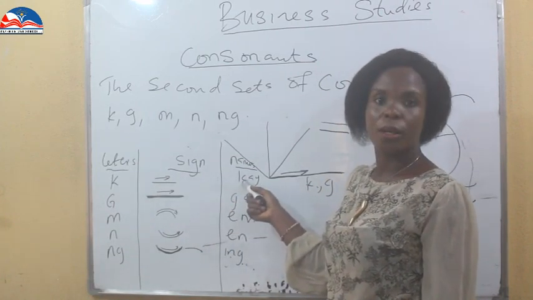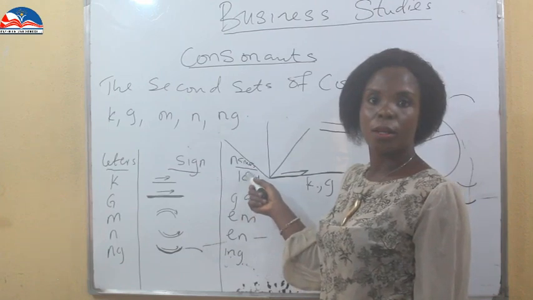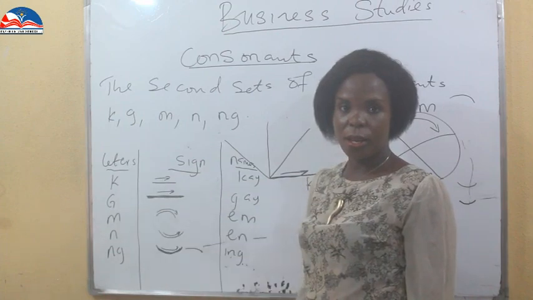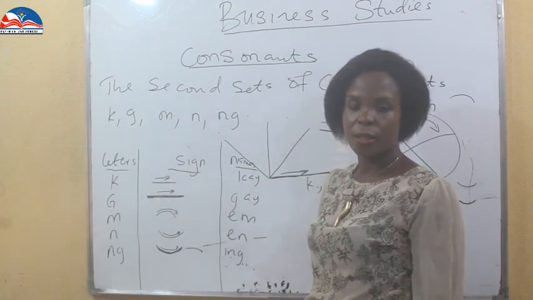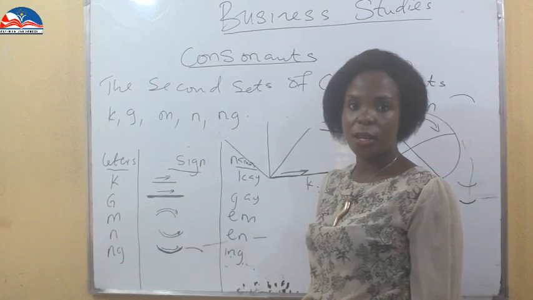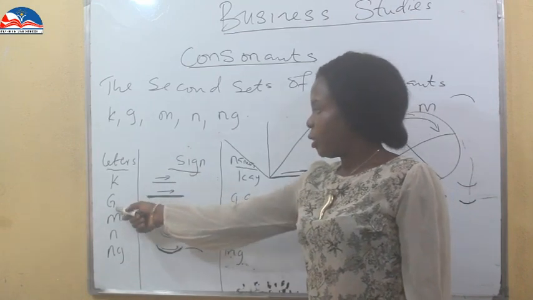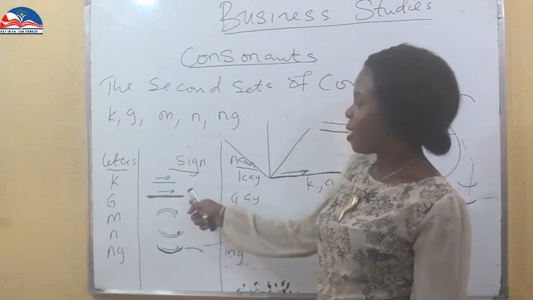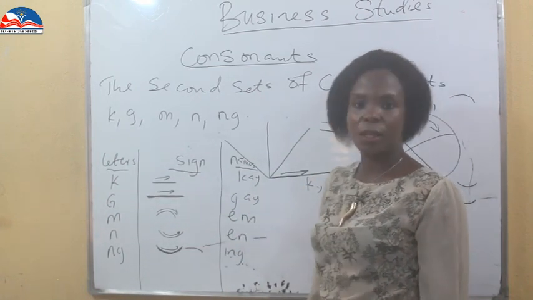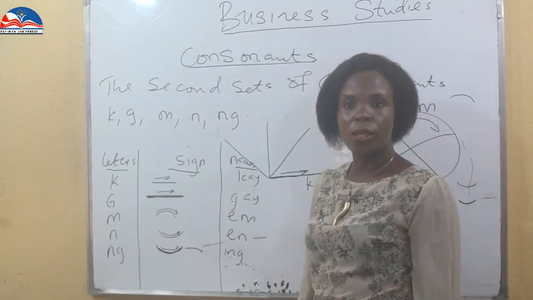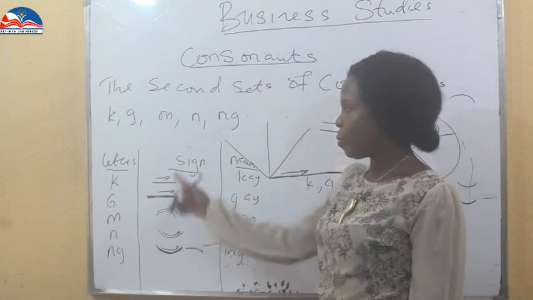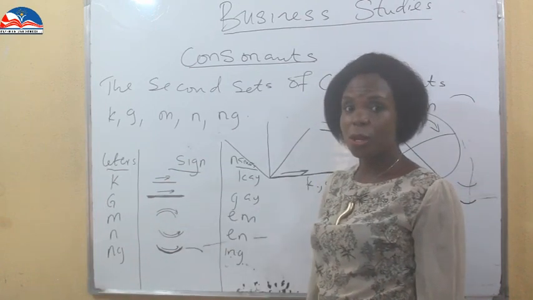K, as in K. The G is a thick stroke, G, G, G. Thick stroke. Remember that the K is a light stroke, the G is a thick stroke.